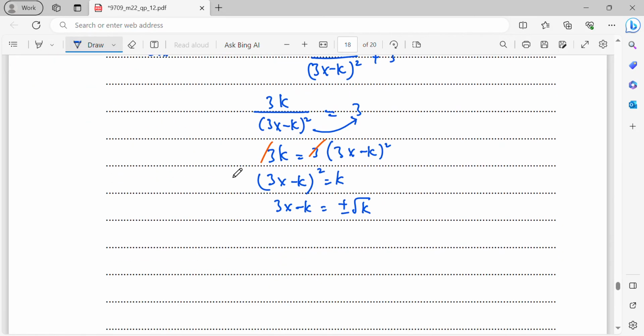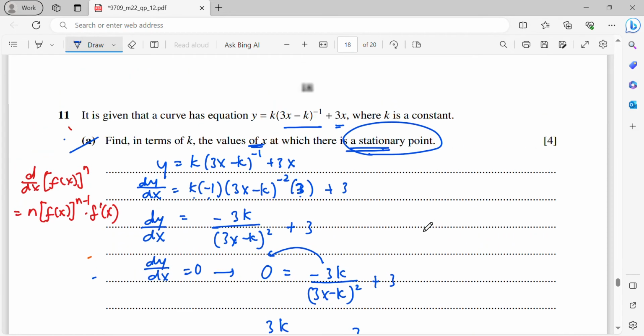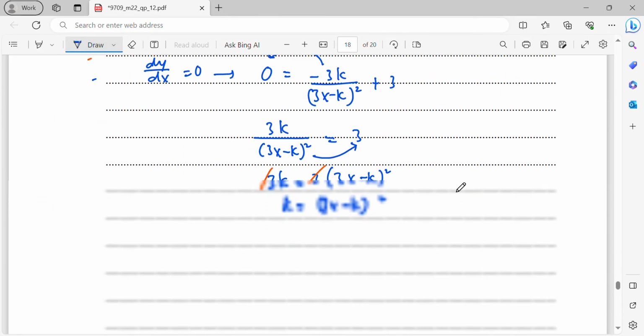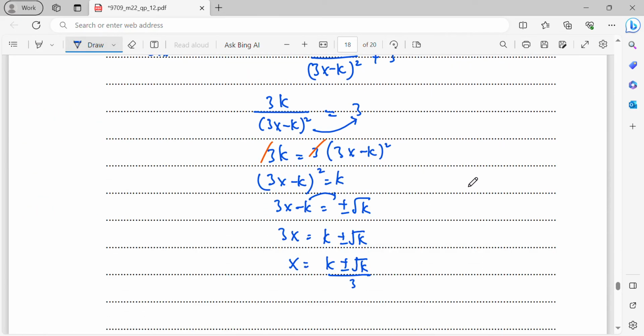Then from here, my 3x, move the k to the other side, so k plus minus square root k. So my x is going to be k plus minus square root k over 3. That's my x value. Find the values of x at which there is a stationary point. So that's the solution of this question.